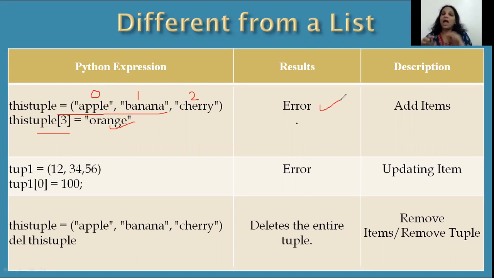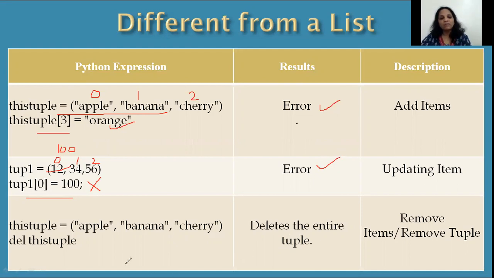So you can't add an item after you have created a tuple. Similarly, suppose this is index number 0, 1, and 2. If it was a list, I could change this to 100. But because it's a tuple, this is not possible. So again, you get an error because updating is not possible with a tuple.